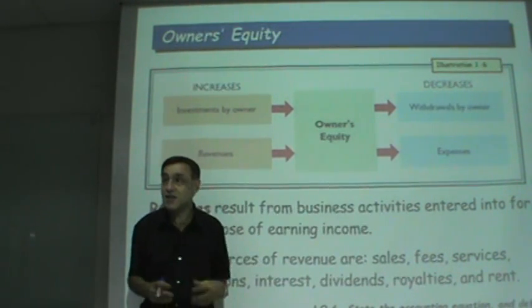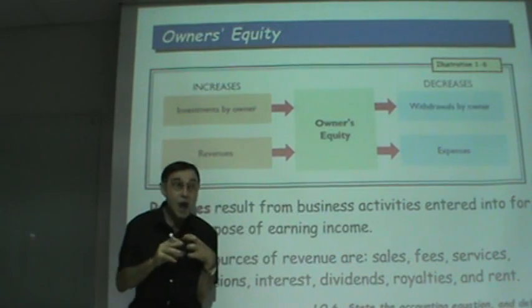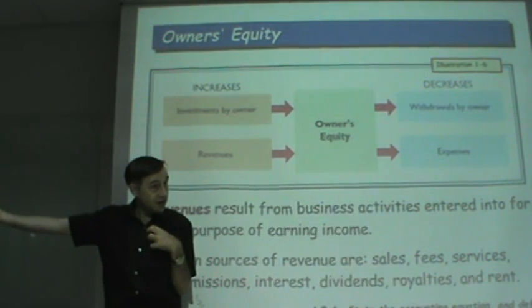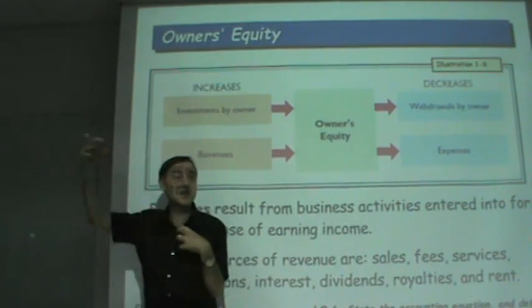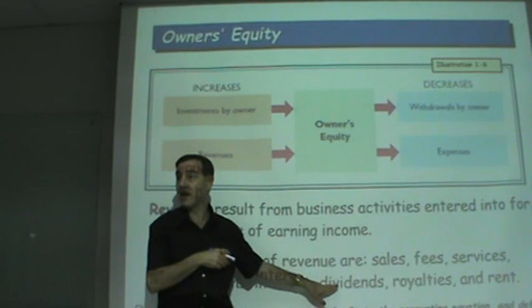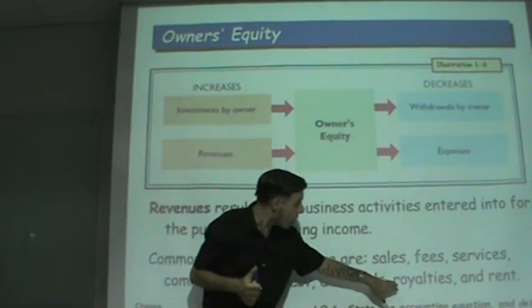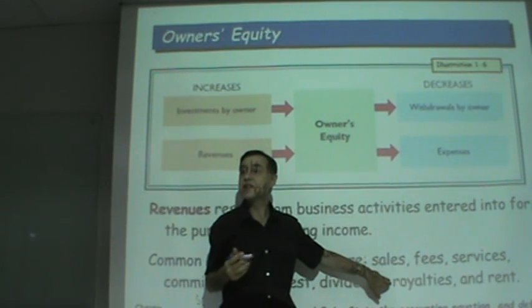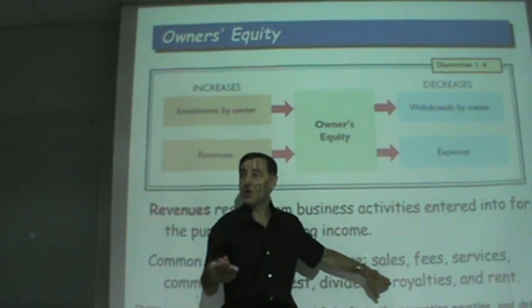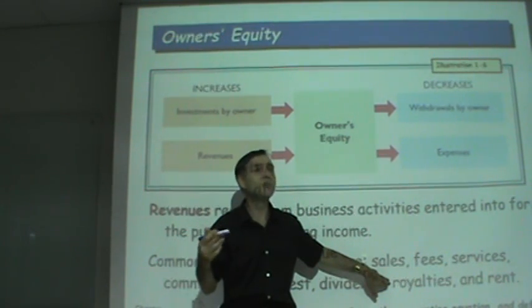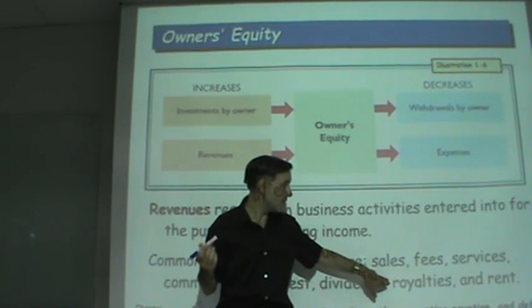This dividend is when one company owns another company, okay? And the other company pays a dividend to the first company, okay? That's a dividend revenue. Royalty is when a company gives somebody else the permission to use a particular trademark, a particular brand name, okay?